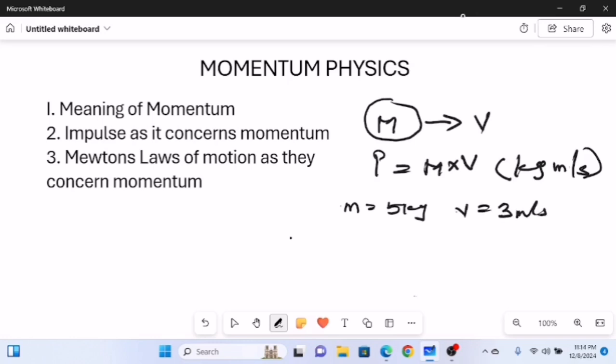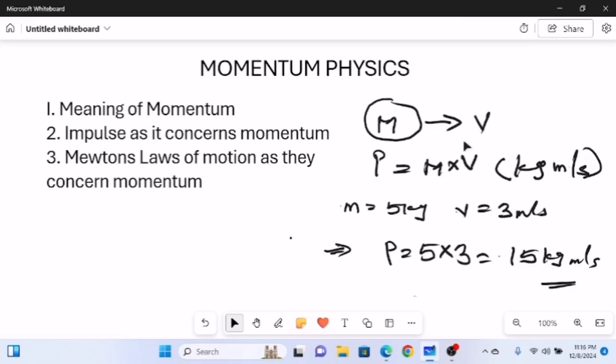Momentum is simply mass times velocity, which is 5 times 3, and that gives us 15 kilograms meters per second.